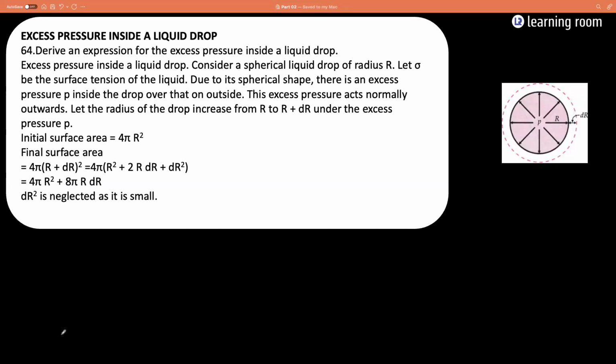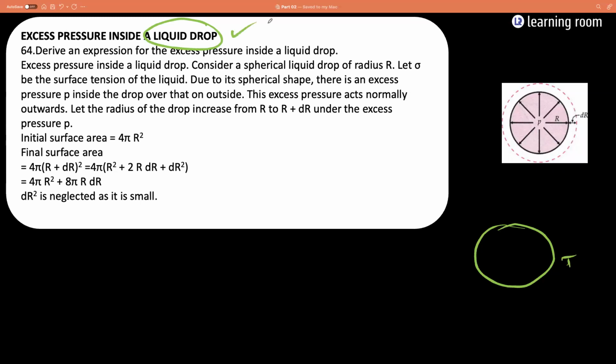Excess pressure inside a liquid drop. Okay. So if you take a liquid drop, what shape does it take? It takes the shape of a sphere, right? So if we consider a spherical drop of radius capital R and T be the surface tension.